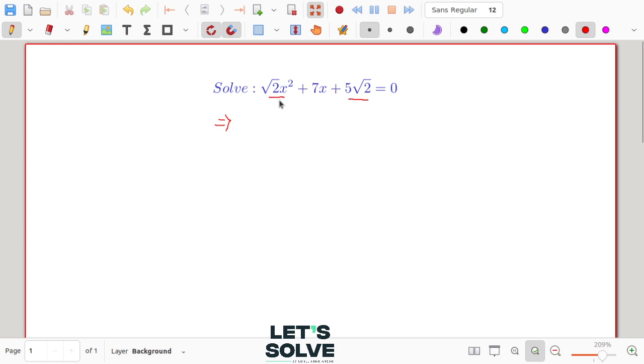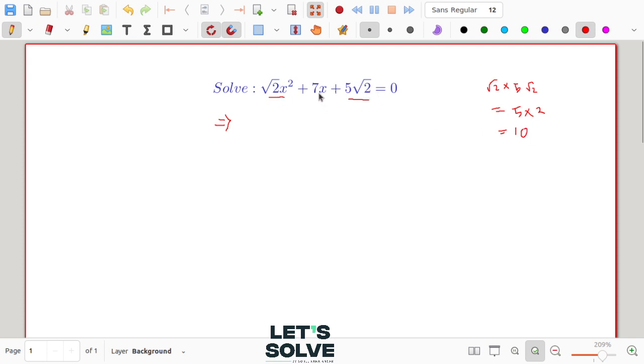So root 2 multiplied with 5 root 2. Here we'll get 5 multiplied by root 2 and root 2, which will be 2. So the root will be out, we know that. So 5 into 2 will be 10. So we got the product of first and last terms as 10.